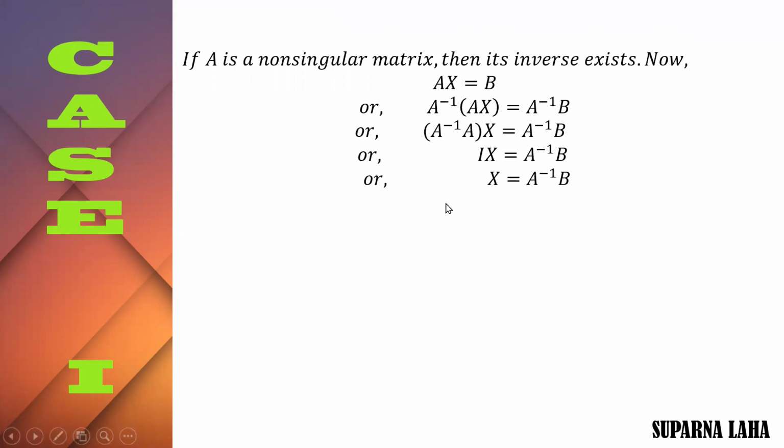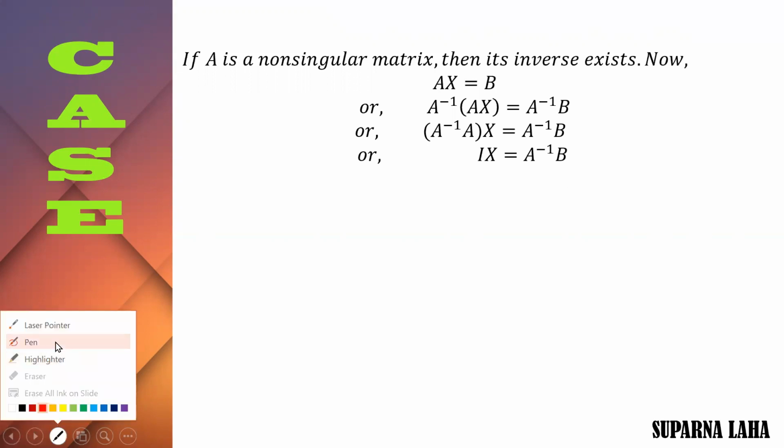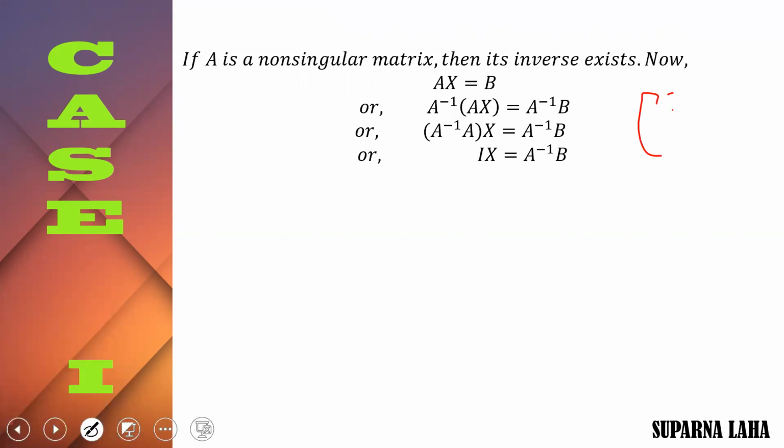Okay, so we need to find the values of the unknowns x, y, and z. So this is the formula for finding the unknowns x, y, z, or solving the linear equations, whenever A is a non-singular matrix.